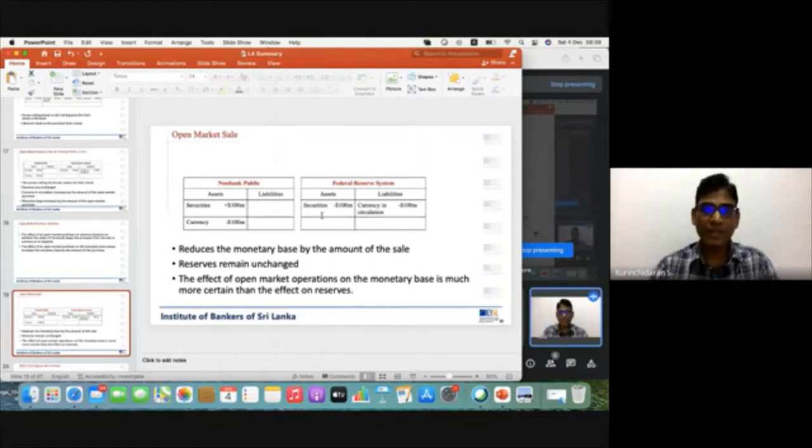If the central bank wants to reduce that currency in circulation, they can sell securities. This is open market sale. This transaction reduces the monetary base by the amount of the sale. If it is 100 million, the monetary base would be reduced by 100 million.